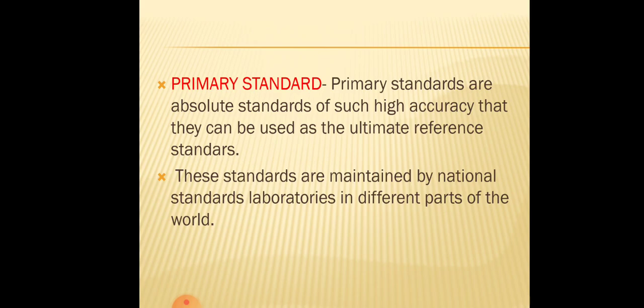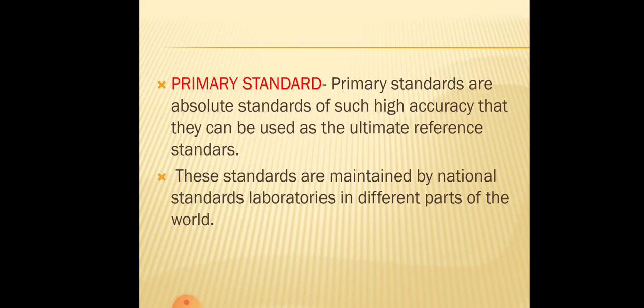Then moving ahead, the primary standard. Primary standards are absolute standards of such high accuracy that they can be used as the ultimate reference standards. For example, if we are measuring temperature, then the basic measurement unit is a primary standard.